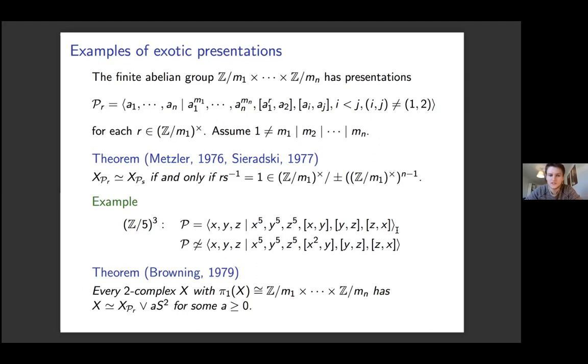So in particular, the combination of these two theorems leads to a complete classification of presentations or finite 2 complexes over finite abelian groups. Really it's just these presentations and wedging S2, and wedging S2 on presentations just means adding a trivial relation, for example, adding 1 many times. And these are essentially all the presentations up to homotopy.